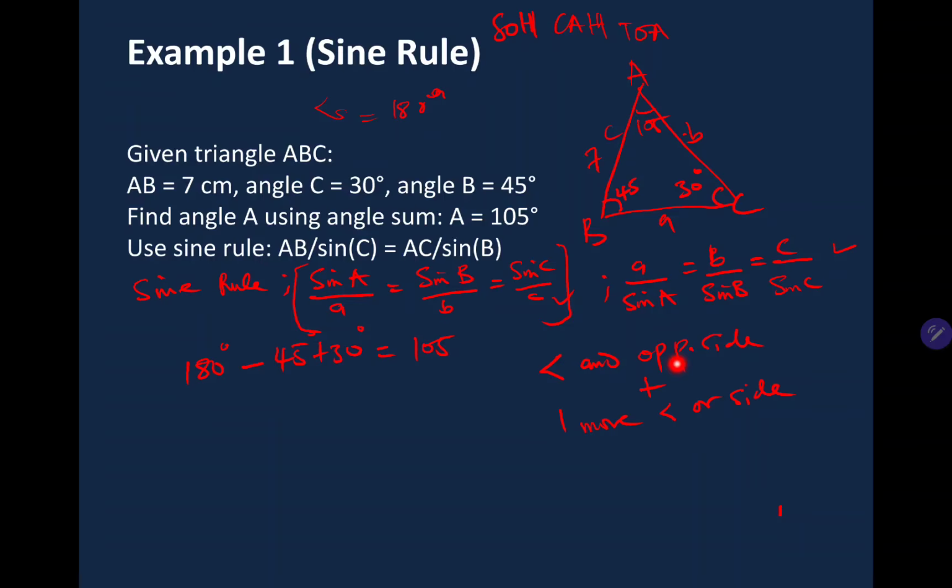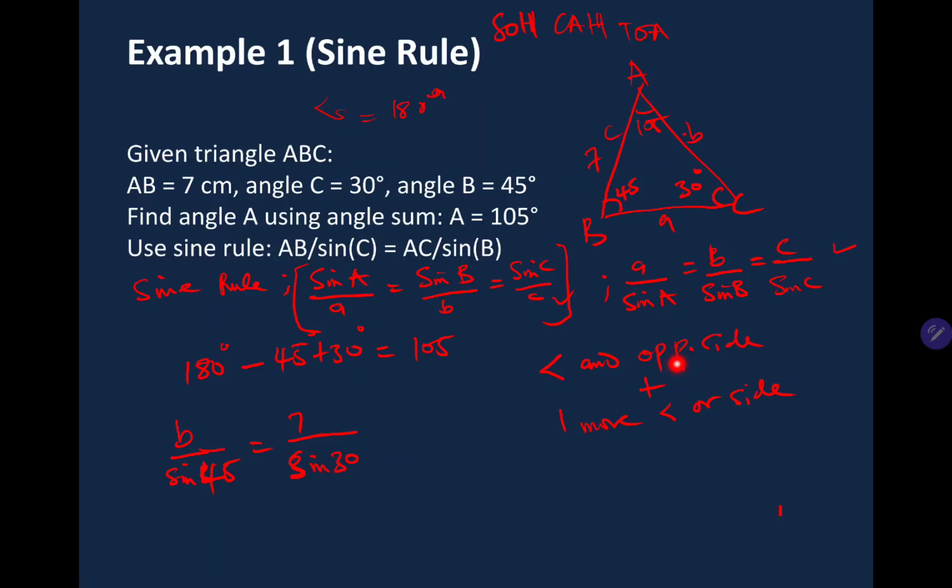We could then get the side b by saying b over sine B, and in this case B is 45 degrees, is equal to 7 over sine C, which is sine 30.